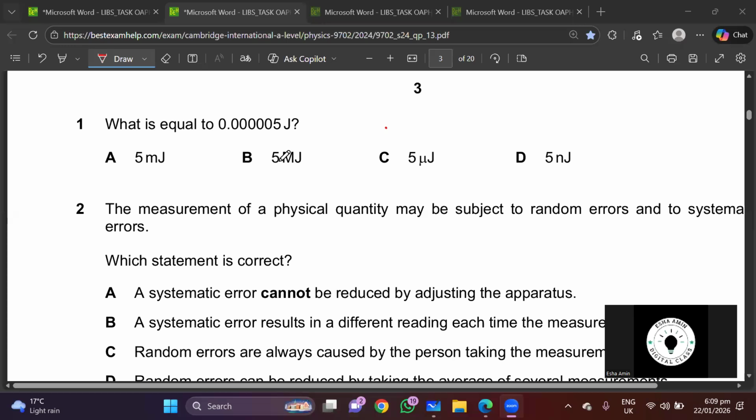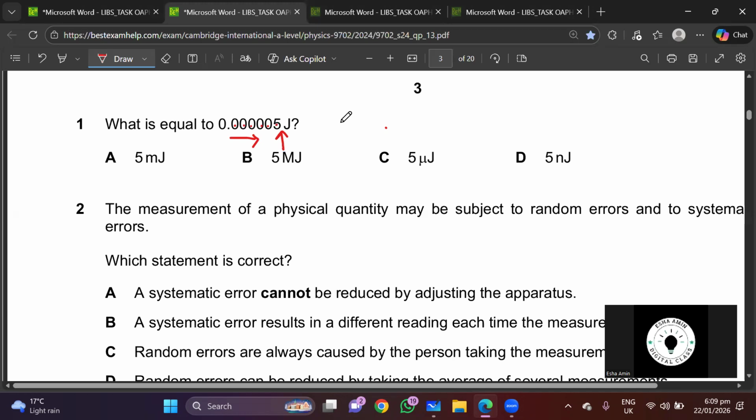So we have to write this one in prefix form, right? So we have to write our decimal after the first non-zero digit. So our decimal should be after 5, right? So if we shift this decimal from left to right, we count how many places there are. 1, 2, 3, 4, 5, 6.